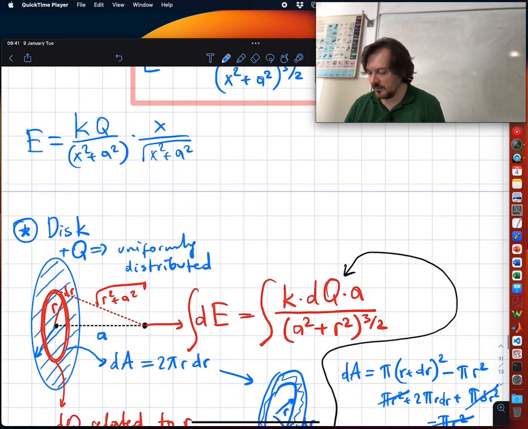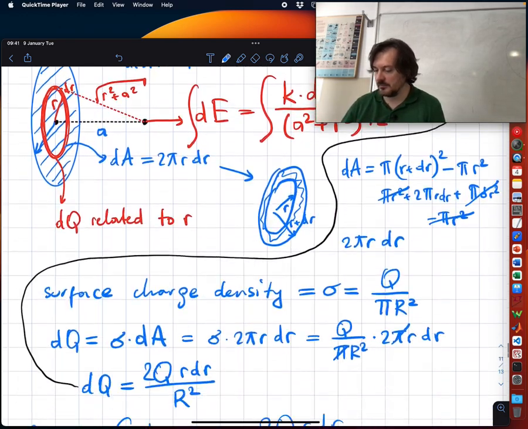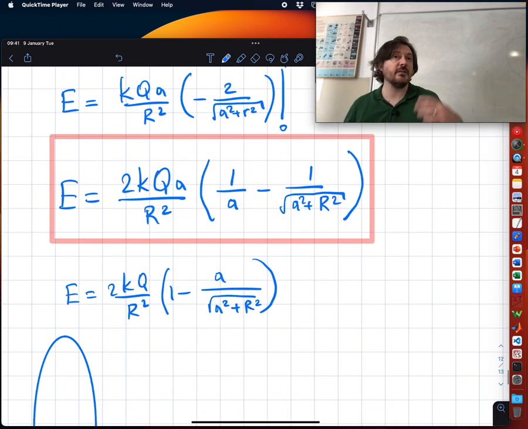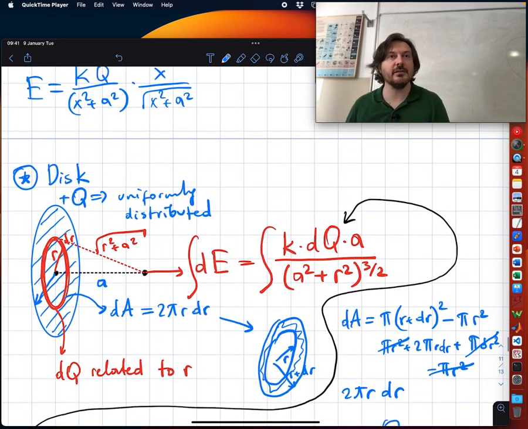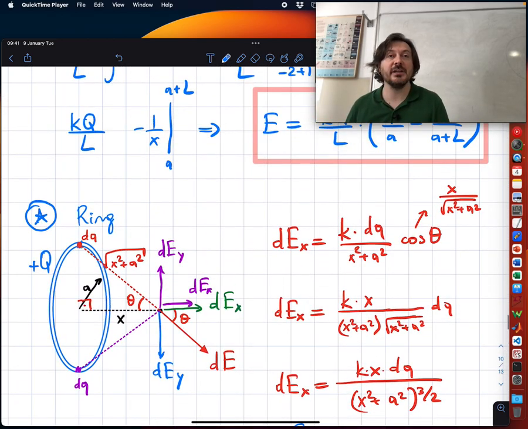Very good question. Since it's an area, we are actually using a double integral. How? We took the first integral when we did the ring. We are taking the second integral when we are doing the disk.